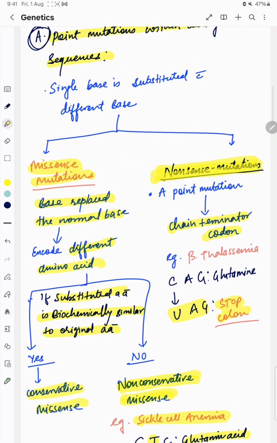In the nonsense mutation, a point mutation results in a chain terminator codon, which is seen in beta thalassemia, in which a cytosine is replaced by uracil and results in the UAG stop codon, and this will result in chain termination. No protein formation occurs after the stop codon.